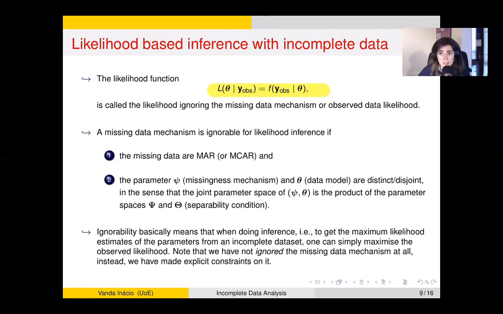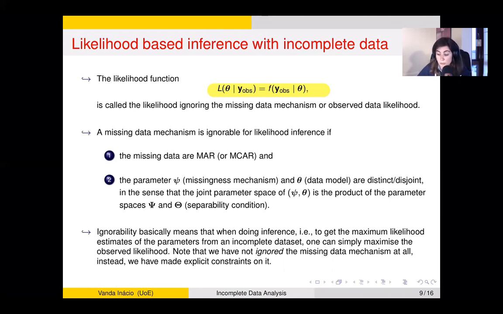In the sense, as one of the authors said, that knowing theta will not provide knowledge about psi and vice versa. And so we say that the missing data mechanism is ignorable for likelihood inference, that we can use only the likelihood of the observed data if these two conditions are met.